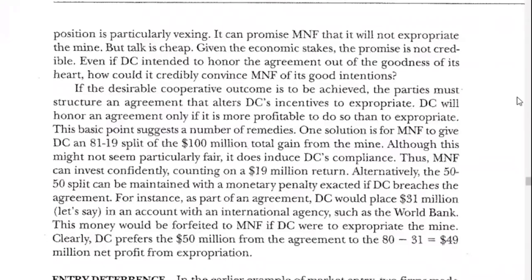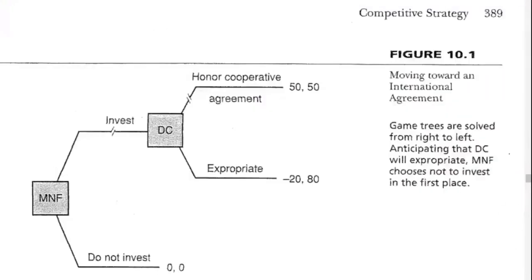For instance, as part of an agreement, the developing country would place $31 million in an account with an international agency. This money would be forfeited to the multinational if the developing country were to expropriate the mine. Clearly, the developing country prefers the 50 million from an agreement to the 80 minus 31 equals 49 million net profit from expropriation. Again, the point is to introduce you to decision trees, and I said that I could do this using payoff matrices.